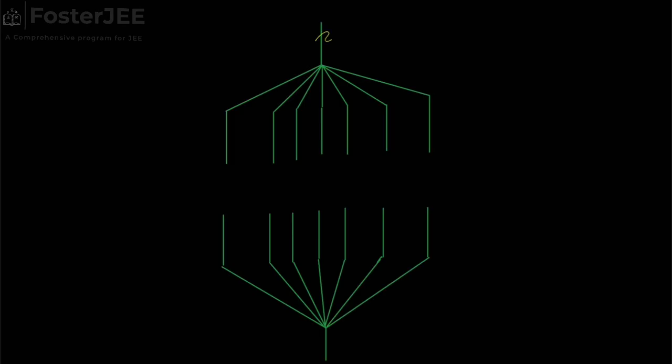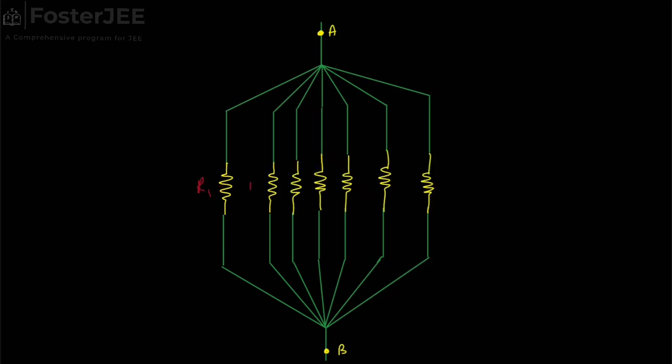Now let's generalize this case. Suppose this is a network where this point is A and this point is B. We have a number of resistors in between these. Suppose this resistor is R1, this is R2, R3, R4 and so on, continued to Rn. Now, if it is replaced by a single resistor, let's suppose that is R net.